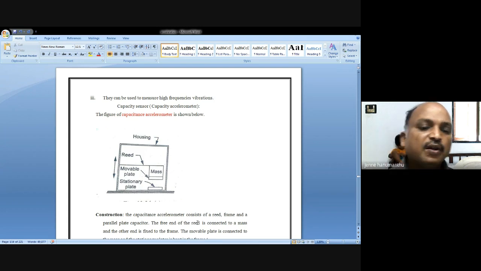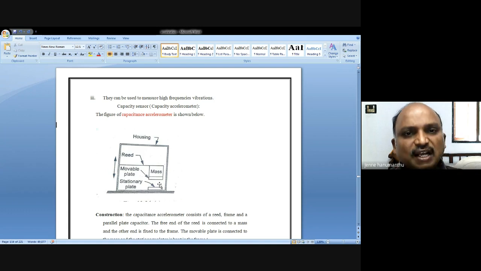This plate is fixed. This plate is movable, and it is connected to a reed. A reed means a mechanical connection which provides damping. This is plate 1, plate 2. Initially, before applying acceleration, the two plates have some initial distance.